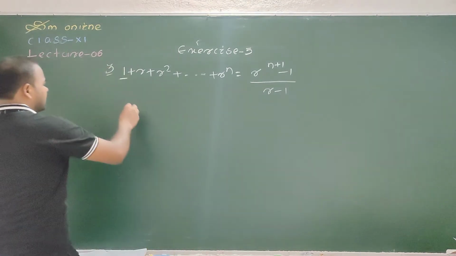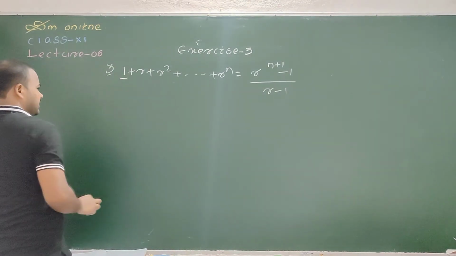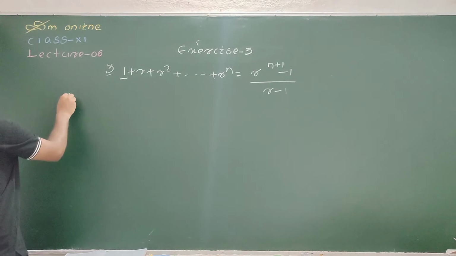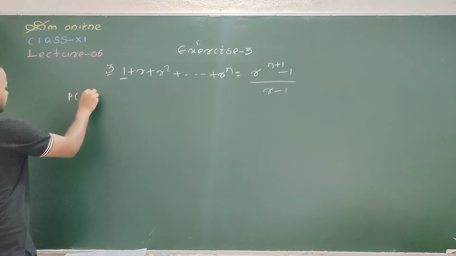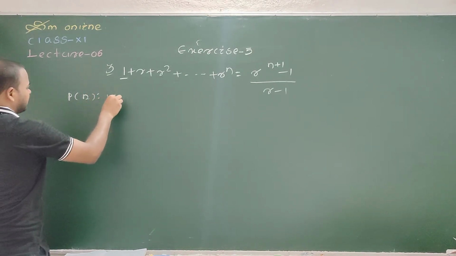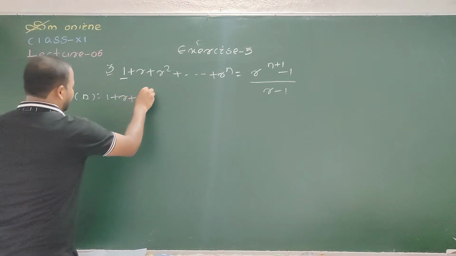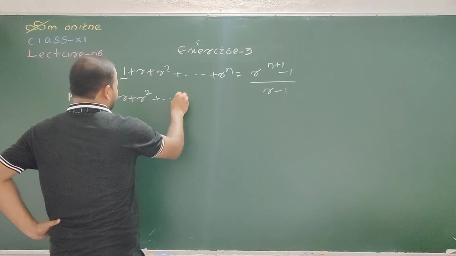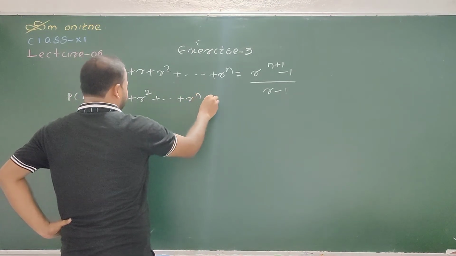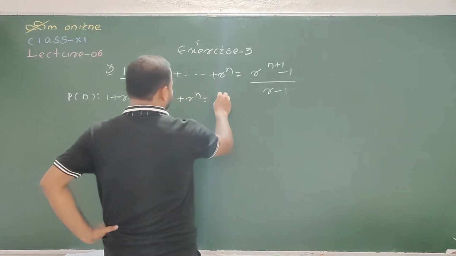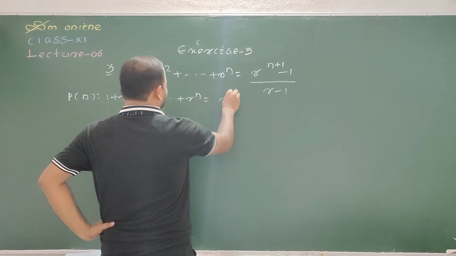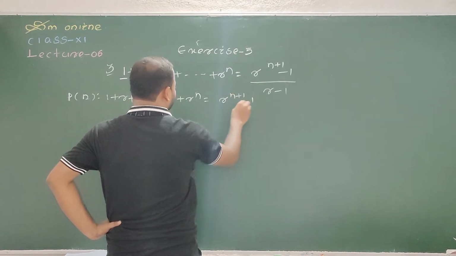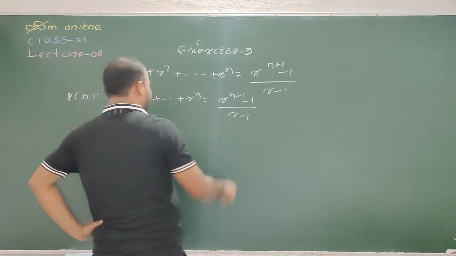So here the statement is given that it is Pn: 1 plus r square plus r to the power n equal to r to the power n plus 1 minus 1 upon r minus 1.